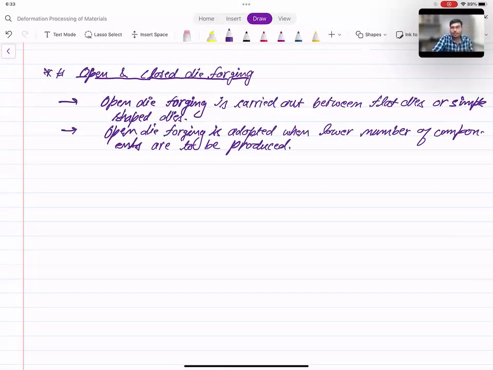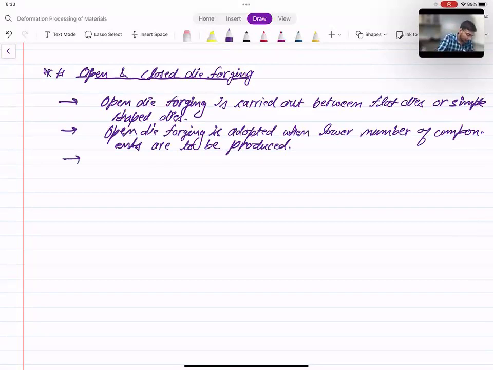As I mentioned, closed die forging is used to get very accurate dimensions, close to the actual dimensions of the final product. So generally, open die forging is used to form or pre-form the material for closed die forging. The component is forged using open die forging, and later it is subjected to closed die forging to get the final dimensions.